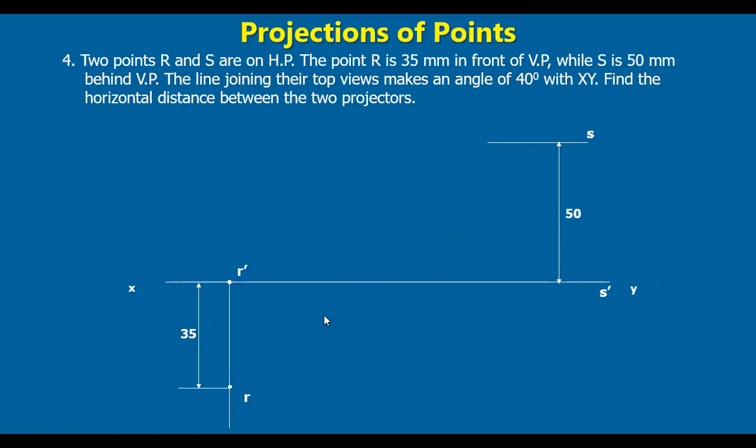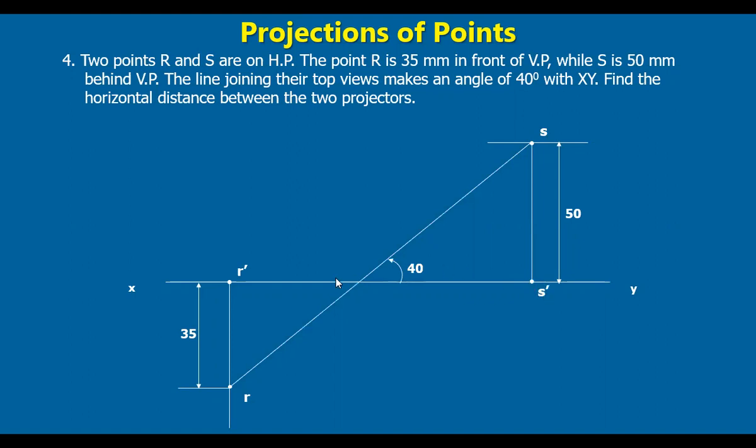So what do we do? We draw a line from R at an angle of 40 degrees. This intersects this line at a point here. This is exactly the point S, the top view. And if you draw a projector from here onto the reference line, this point will be S dash.